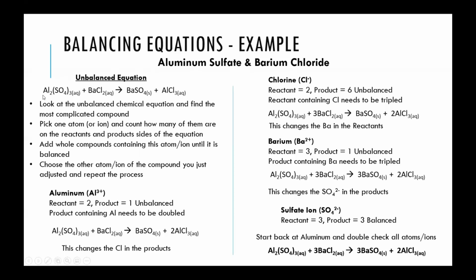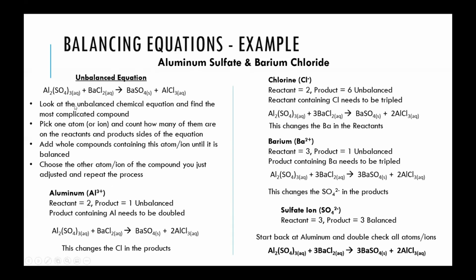And they're in a unique ratio. None of them are a 1-to-1 or something like that. This is a 2-to-3 ratio, so it's a little bit more complicated. So you can pick one of these atoms or one of these ions in here to see in the unbalanced format, how is this particular atom looking?